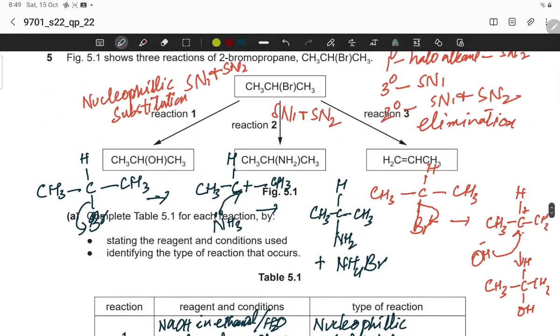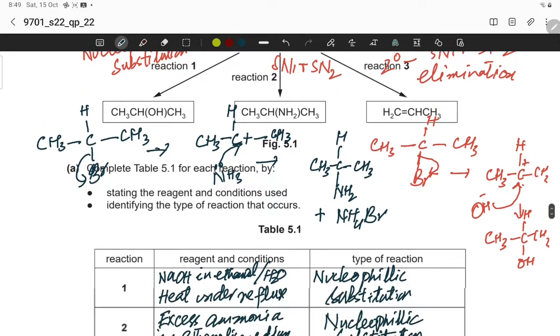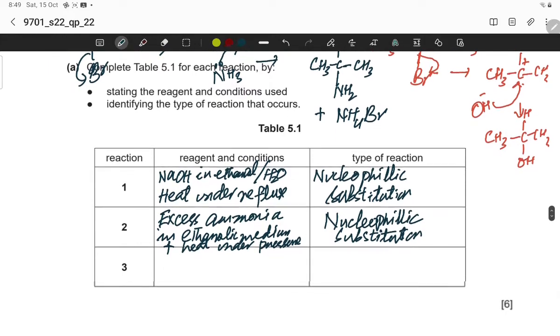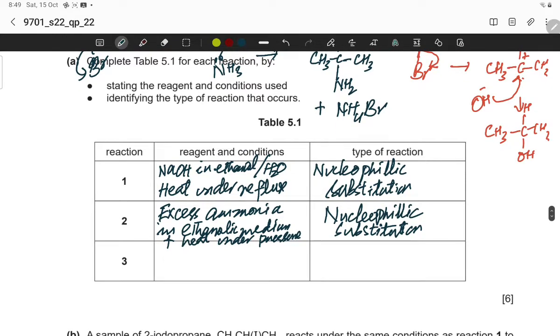And in elimination, concentrated sulfuric acid, this is elimination.